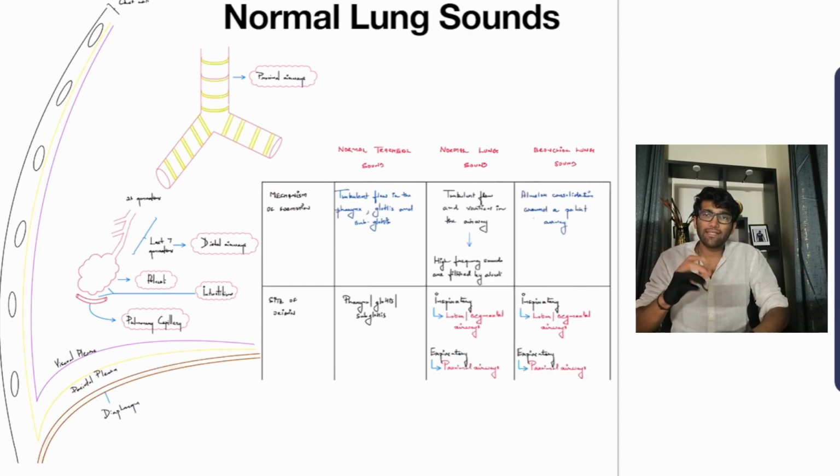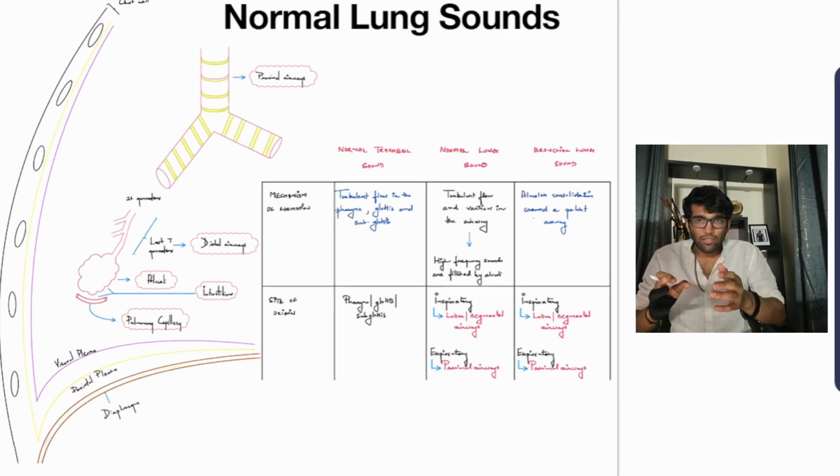You will find that there is some sound being produced by the turbulence of flow of air through your vocal cords, because they're right next to each other. So this produces a variable stenosis at that level, and that turbulence is what produces the sound. Naturally, because it is not a fixed stenosis, the sound will have a wide range of energies, with high frequency components and low frequency components. Okay, so that is the normal tracheal sound.